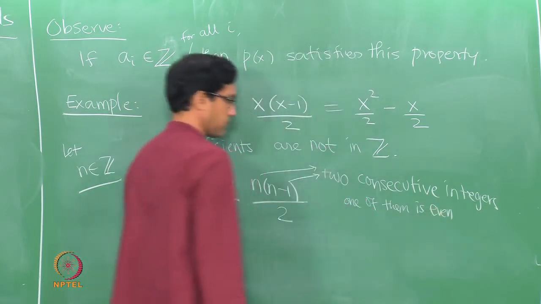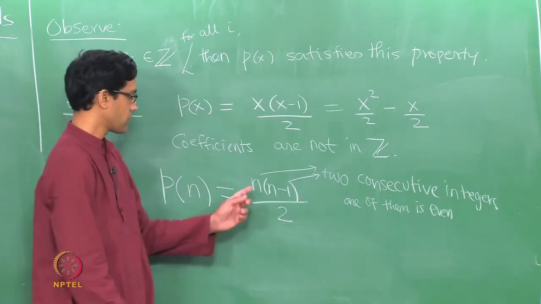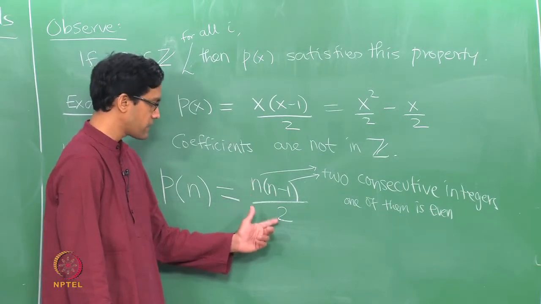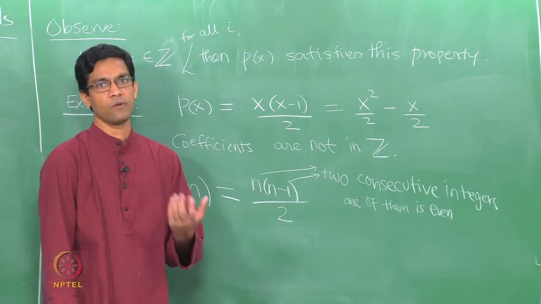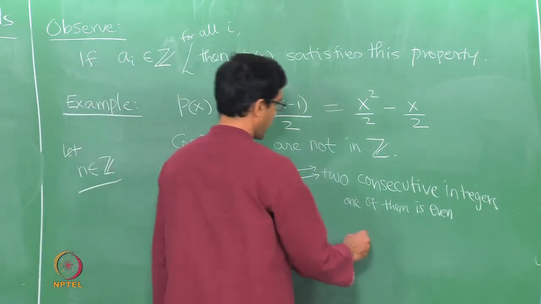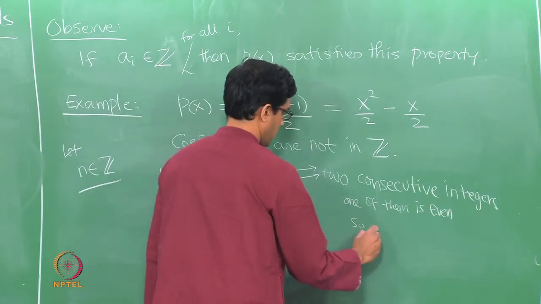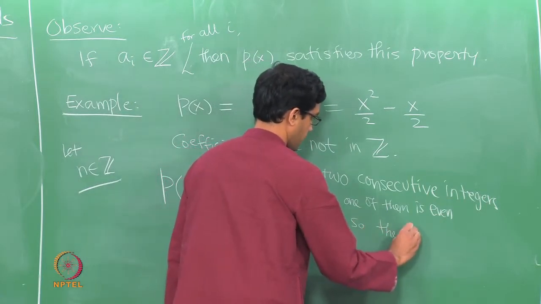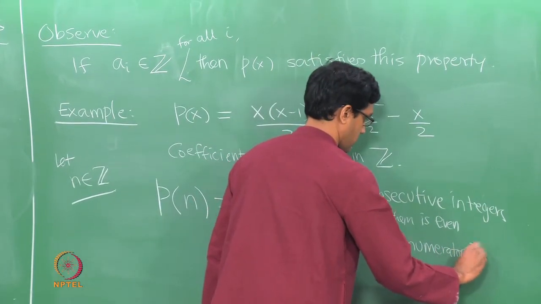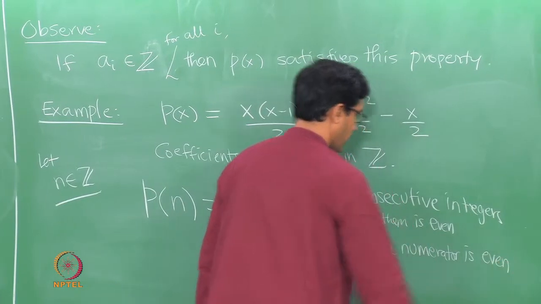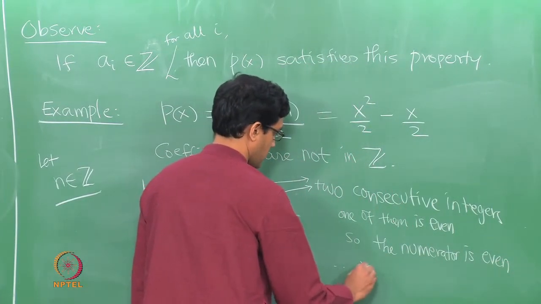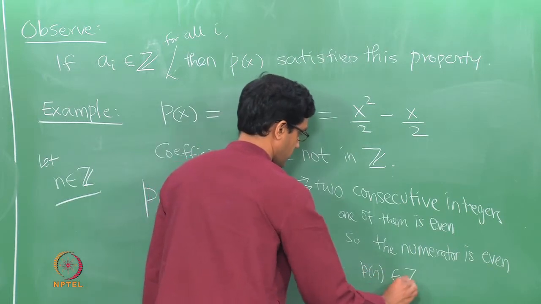One of them is an even number, which means that it could be either of them, it could be n or n minus 1, but whichever of them it is, when I divide it by 2, what I will get will be a whole number, an integer again, right. So the numerator, being the product of an even and an odd number, is divisible by 2. So in other words, p of n is in fact an integer.